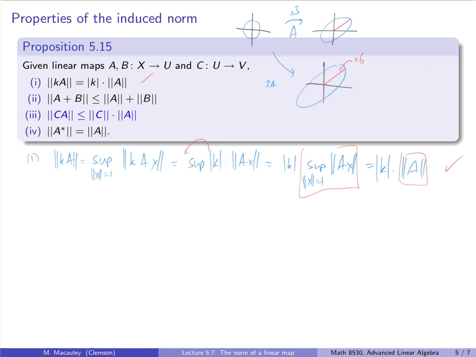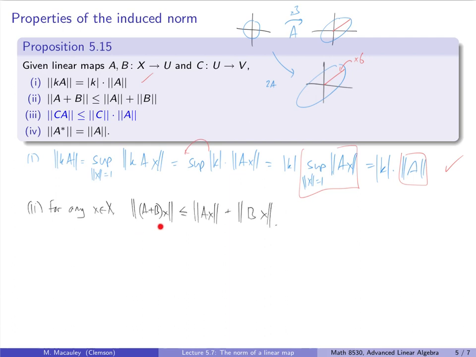Part 2 looks like it should be true, and it's true for all vectors. Let's take any vector x, then the norm of (A plus B)x is less than or equal to the norm of Ax plus the norm of Bx.